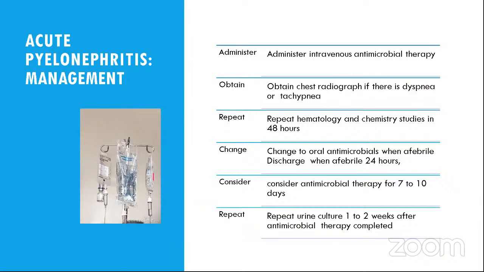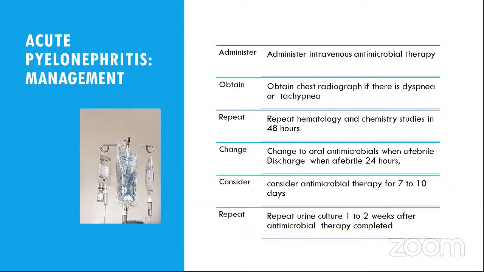And we should make a survey of chest condition if necessary. If there is dyspnea or tachypnea, we should make a radiogram of the chest. We should shield the pregnant uterus to avoid radiation effect.